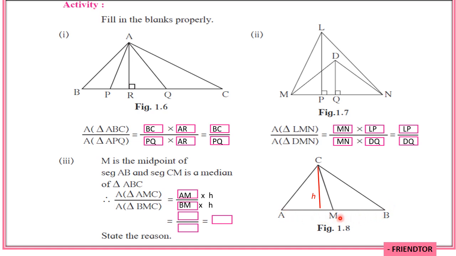So AM can be written as AB upon 2 and BM also can be written as AB upon 2. Both values are the same, so both will get cancelled and we will get 1. So the ratio of areas of AMC and BMC is 1.